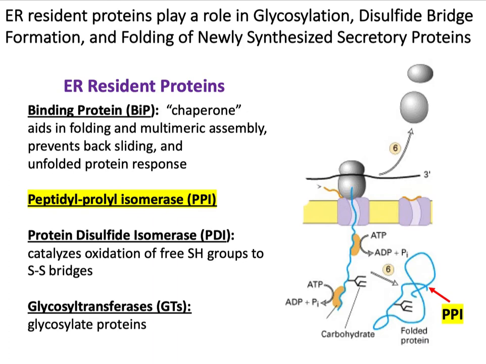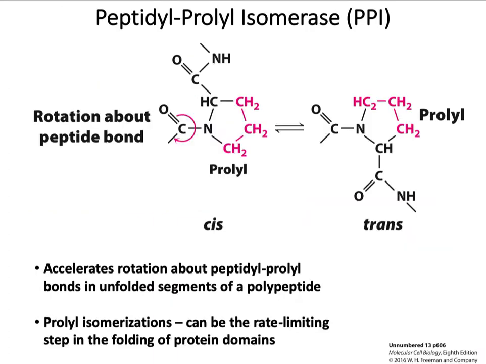Another protein is the peptidyl prolyl isomerase, or PPI. The peptidyl prolyl isomerase is a very important key enzyme which can interconvert the cis-trans isomers of proline. Now, proline is an unusual amino acid, conformationally restrained because of its cyclic nature, and the side chain is bonded with the secondary amine nitrogen.